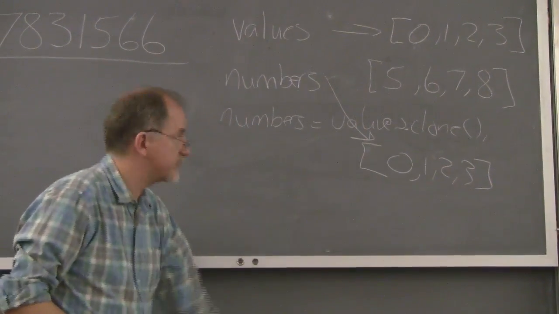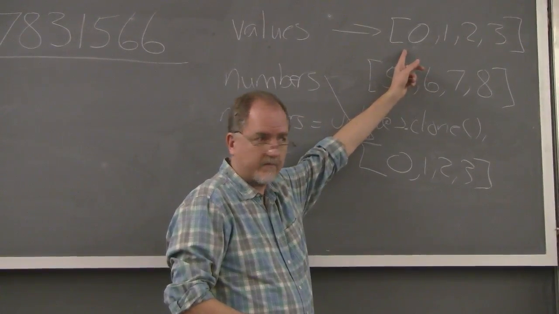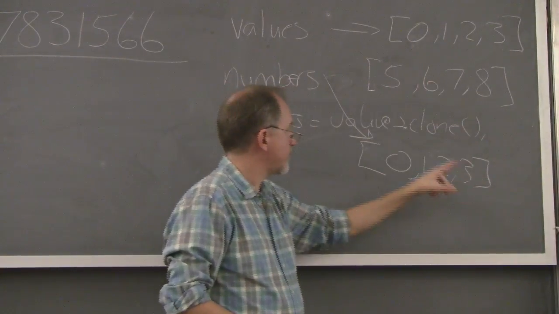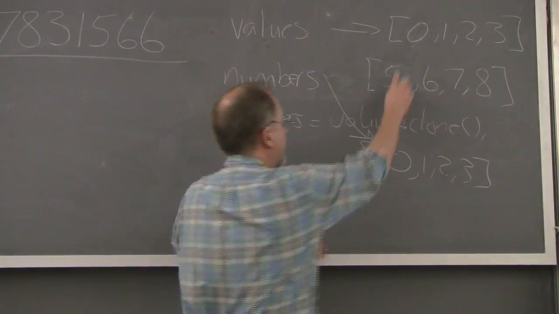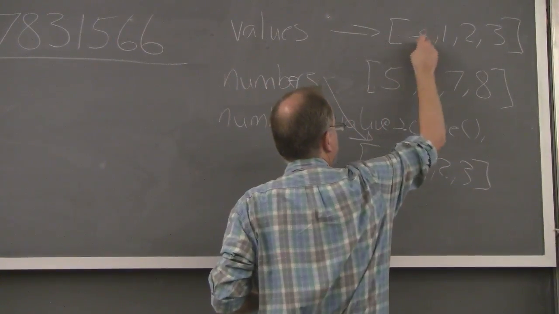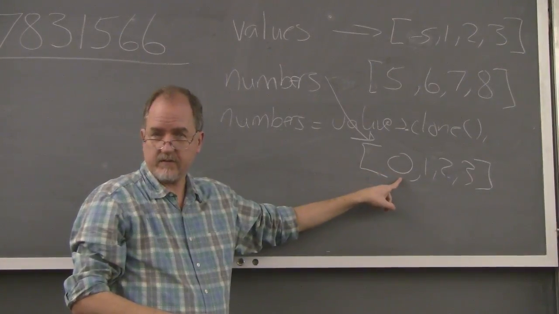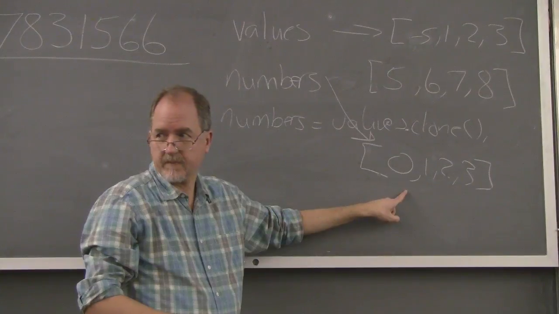That's a distinct object from the original array. That's what the clone does, and also what array copy does. And these values are copied over one at a time. So the next time when I say values 0 equals -5, that changes values, but not this copied one, because that's a different spot in memory. And so when I print out numbers 0, it prints out the 0 here.